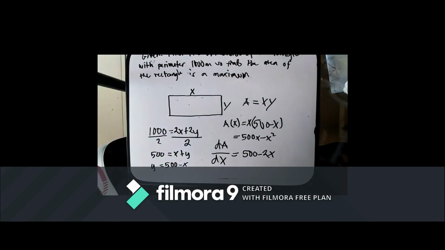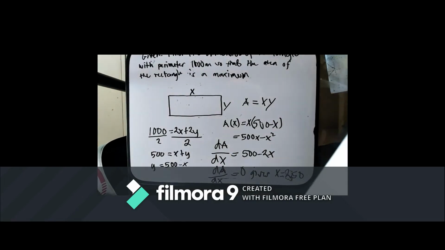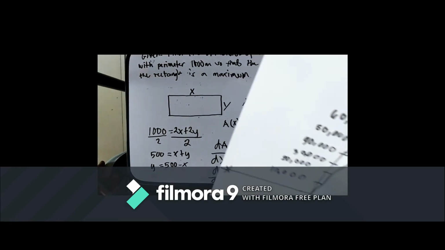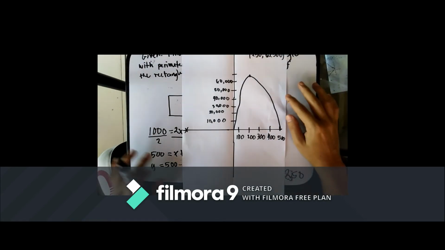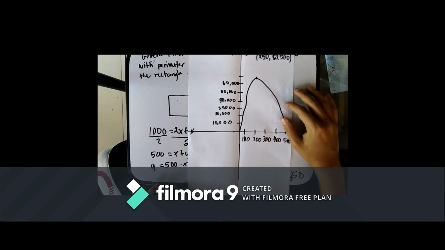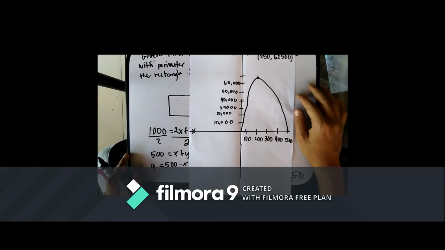Setting dA over dx equal to 0 gives x equal to 250. And then this is the graph of the problem.